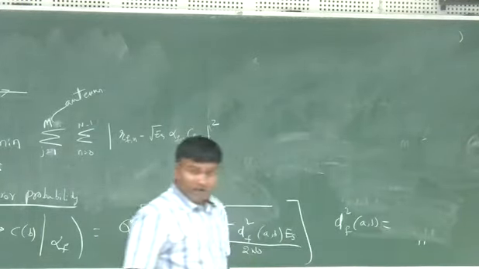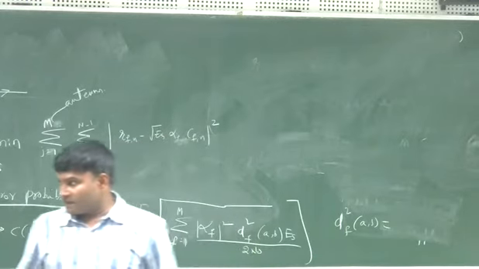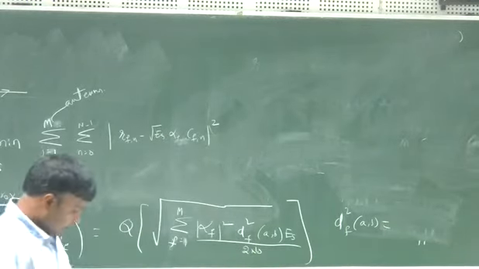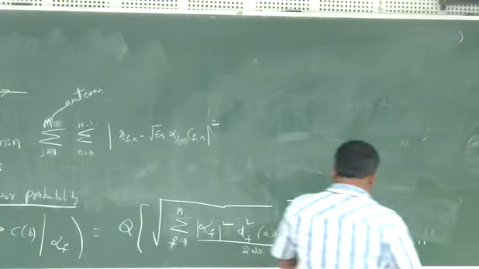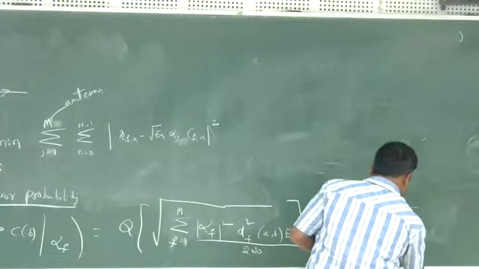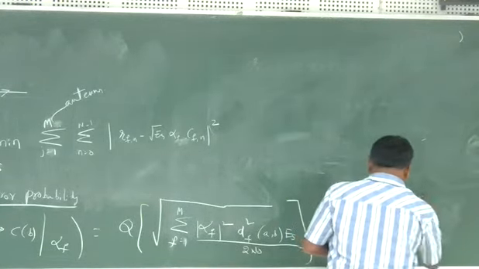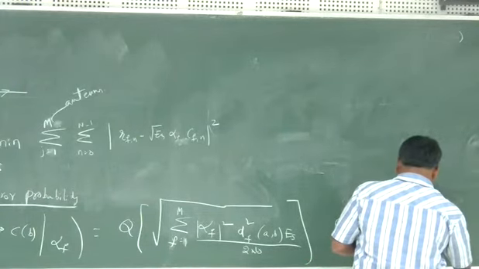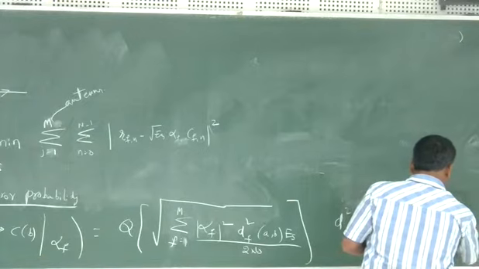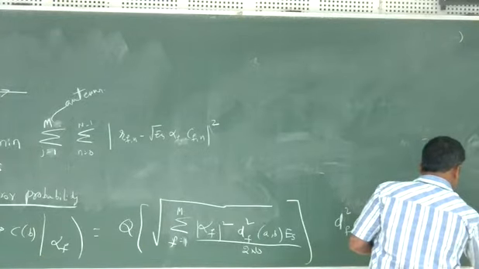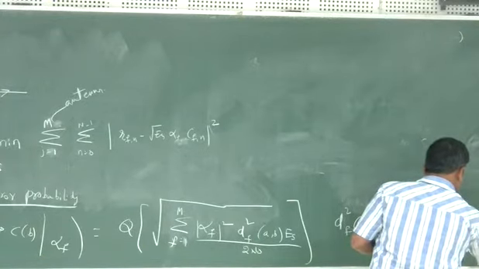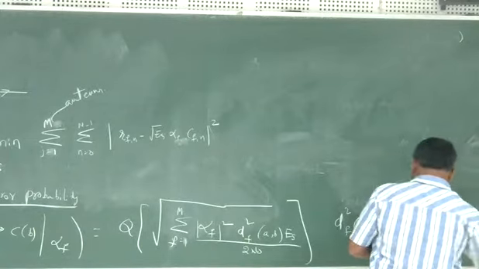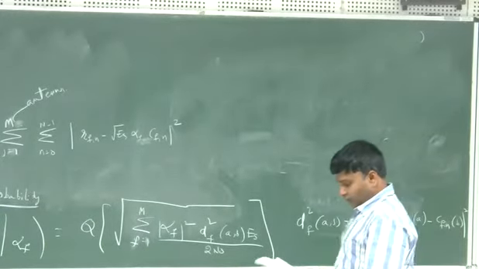is a measure of distance. The measure of distance is equal to the summation over n equal to 0 to N minus 1 of the absolute value of c f,n of A minus c f,n of B, squared.